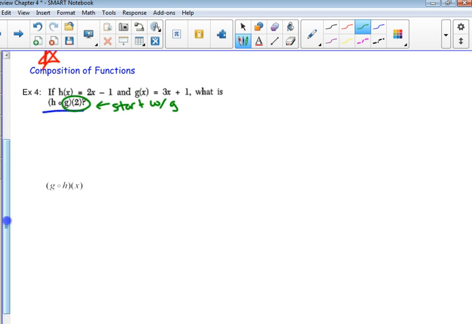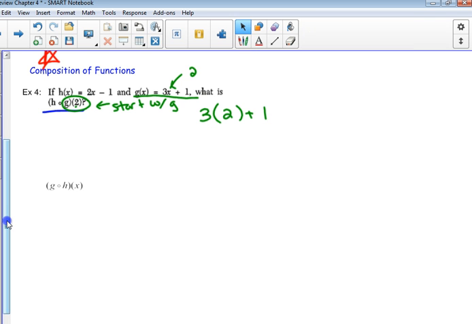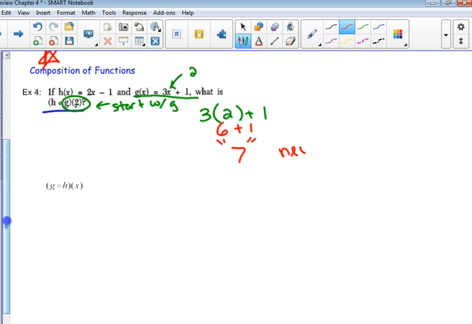Okay. So in your g function, my g function is up here. What that means is where I see an x, I need to put in a 2. So it becomes 3 times 2 plus 1. We're going to actually solve it all out. Right, 7? Okay, good. Now 7 is not our answer. This is going to be the new x.